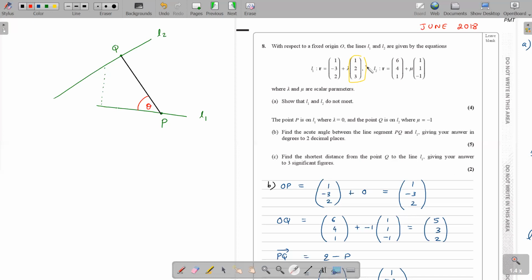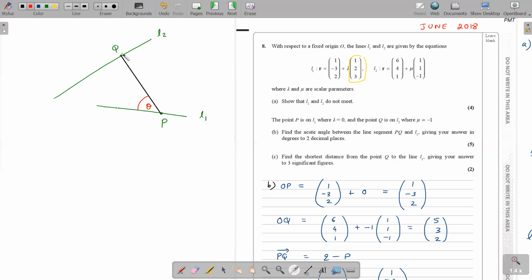Okay, then we have here the acute angle between the line segment PQ and line 1. Then find the shortest distance from point Q to line 1. How do you get the shortest distance from point Q to line 1? I have just drawn a sketch here. You could draw it in any way, just so that you can realize that the lines do not meet. So the shortest distance from Q to line 1 is always the perpendicular distance.